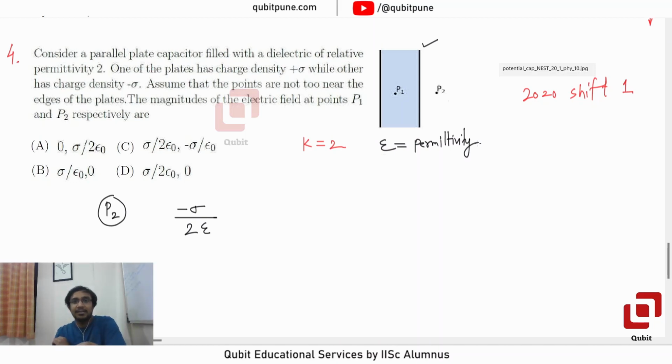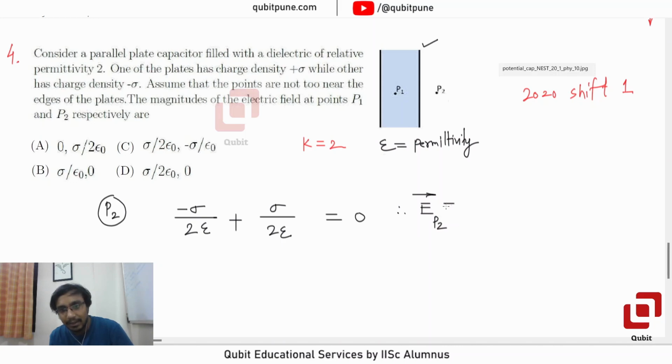And if I consider the field there due to the first plate, that would be sigma by 2 epsilon. So if I add them, that will be 0. So E at P2 will be a null vector.